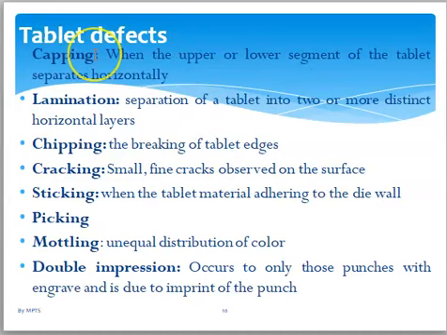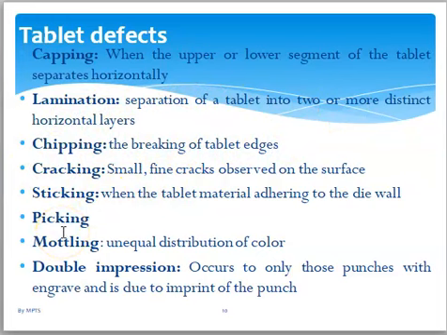Now, let us look at tablet defects. Capping, when the upper and lower segment of the tablet separate horizontally. You can know the reasons here. Lamination, separation of the tablet into 2 or more distinct horizontal layers, chipping of edges, cracking, sticking, picking.